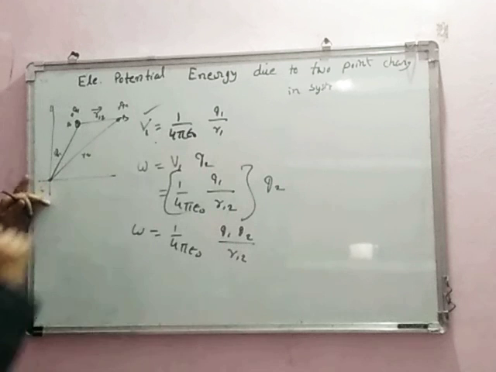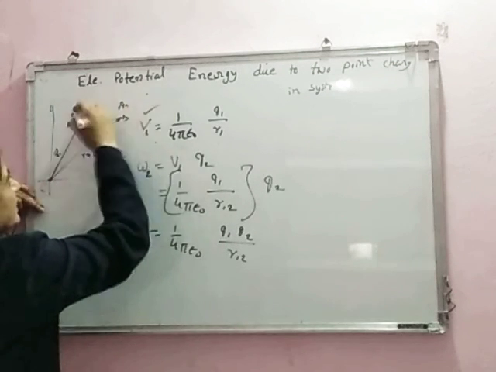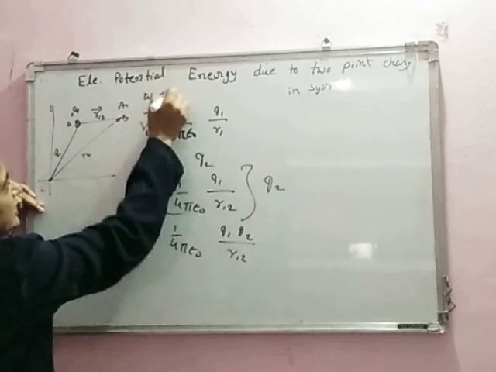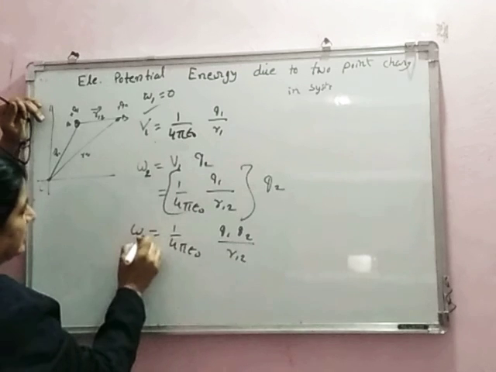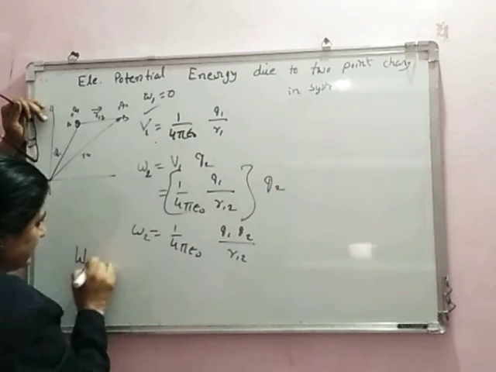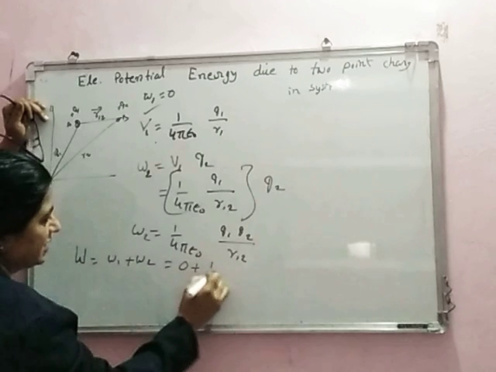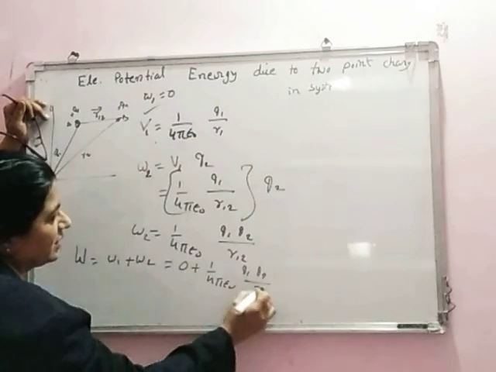This is because of the charge Q2 and the charge Q1. W is equal to 0 लिहिलं होतं ना आपण, इनिशियली आणत असताना काहीच नाही. So the net work done, W is equal to W1 plus W2, that is 0 plus 1 upon 4 pi epsilon 0 Q1 Q2 upon R12.